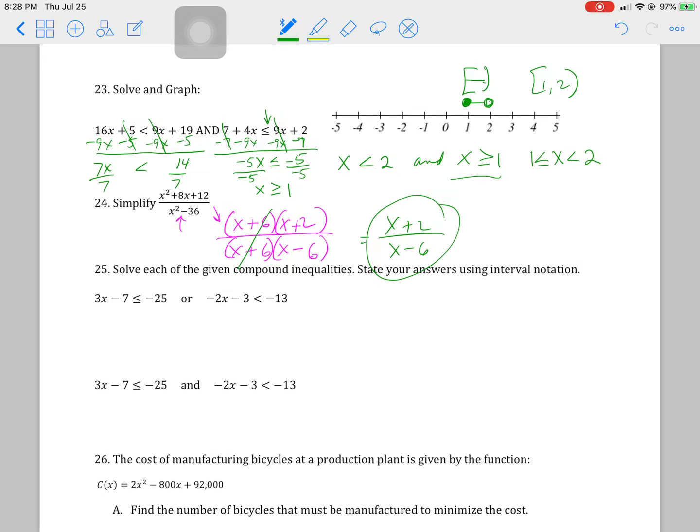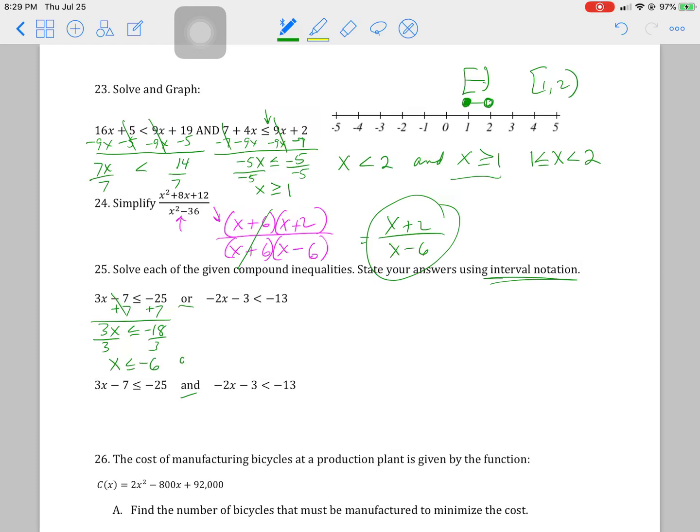Solve each of the given inequalities. Use interval notation for your answer. All right, so I've got an or and I've got an or and an and, but I'm still just solving for x here. What's your signage here? I did not divide by a negative, so I'm not flipping it.